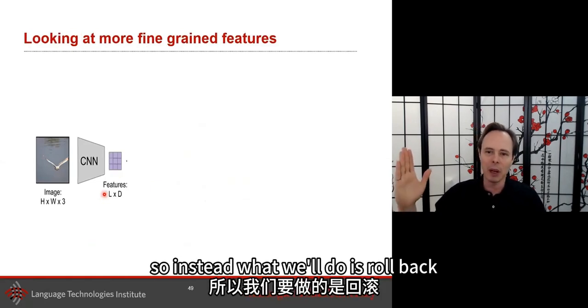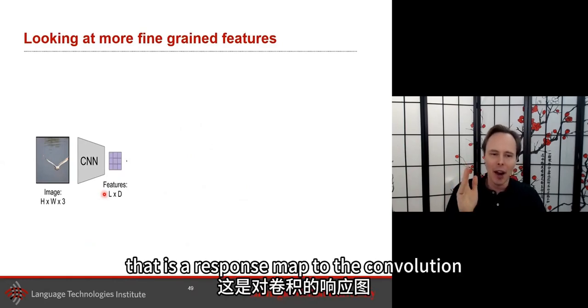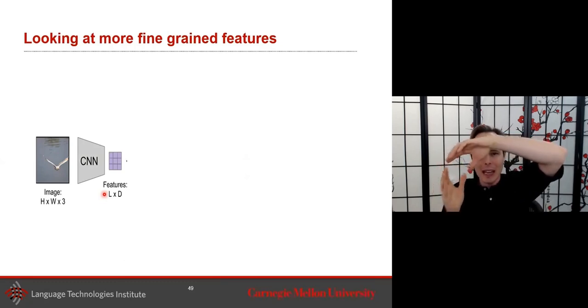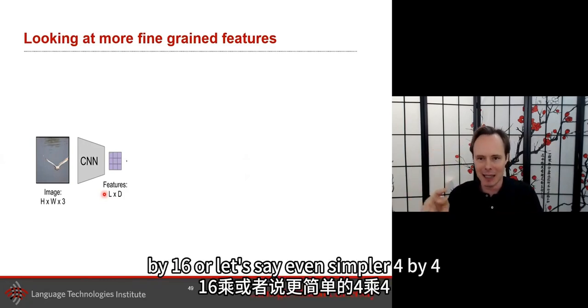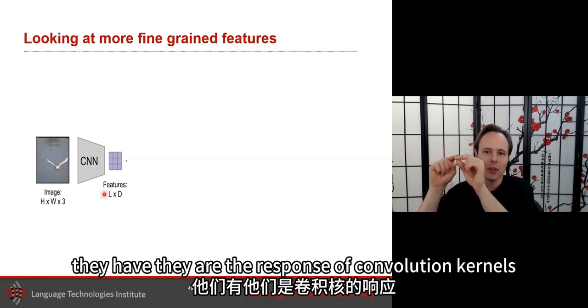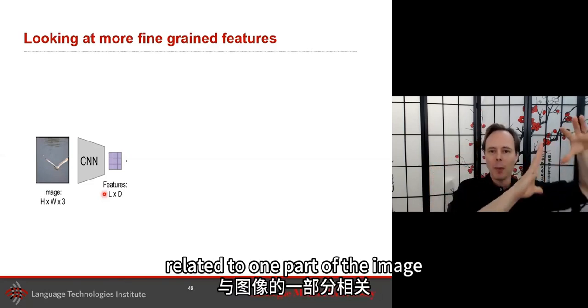So instead, what we'll do is roll back two layers and look at the last layer that is a response map of the convolution. If you have, let's say, 16 by 16, or even simpler, 4 by 4, they are the responses of convolution kernels, which are like patterns, related to one part of the image.